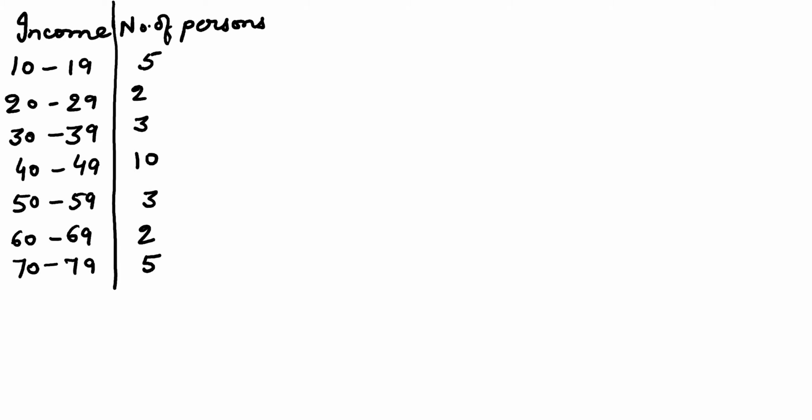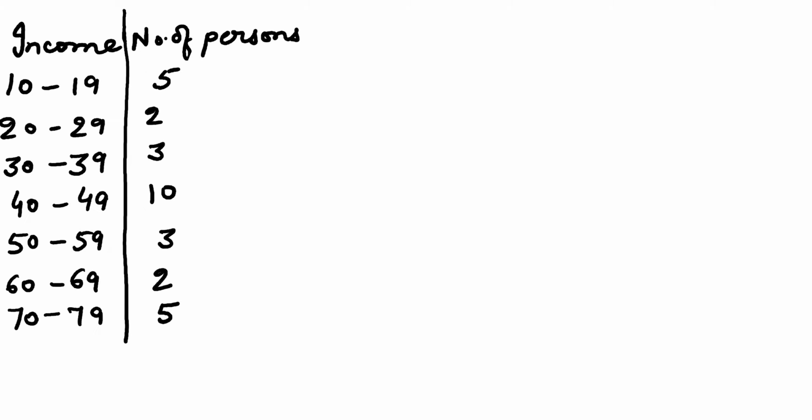So it is an inclusive series, because if there is a class interval 10 to 19 and the next class interval is 20 to 29, it is not like 19 has become the lower limit of the next class interval. So it is an inclusive series.